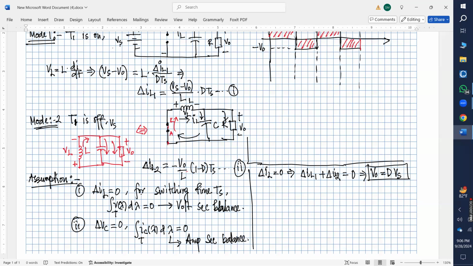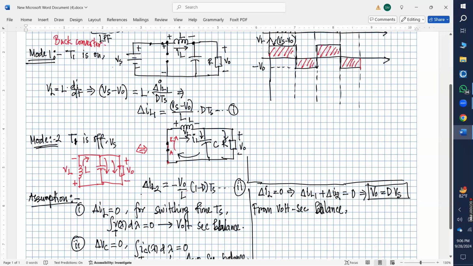In a similar way, if we do the volt second balance, what can we say? The voltage across the inductor during the time period D multiplied by Ts is Vs minus V naught, for the time D multiplied by Ts.